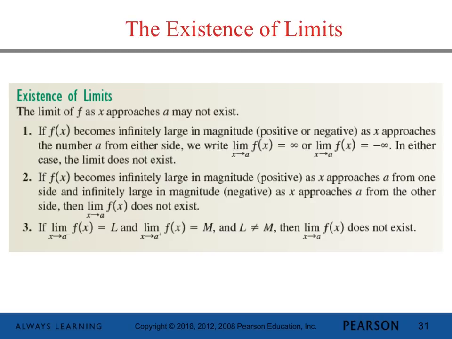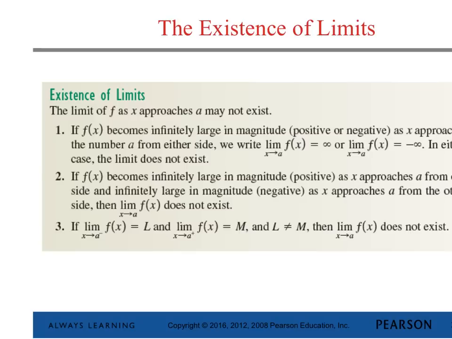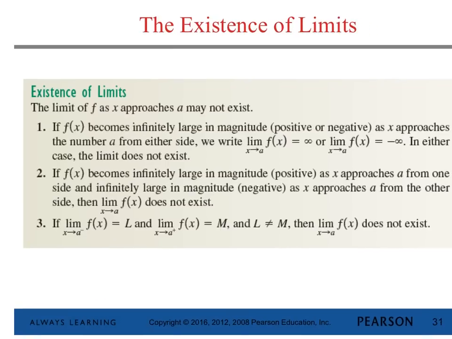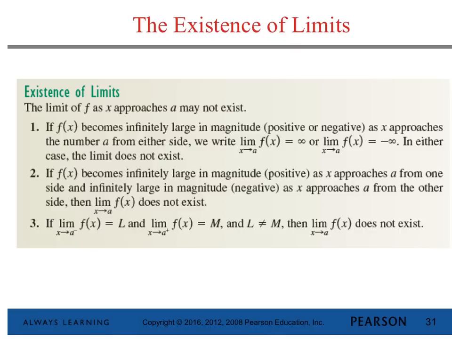So just in summary, one of the things we want to talk about is the existence of limits. The existence of limits basically says that the limit as x approaches a may not exist. All limits do not exist.